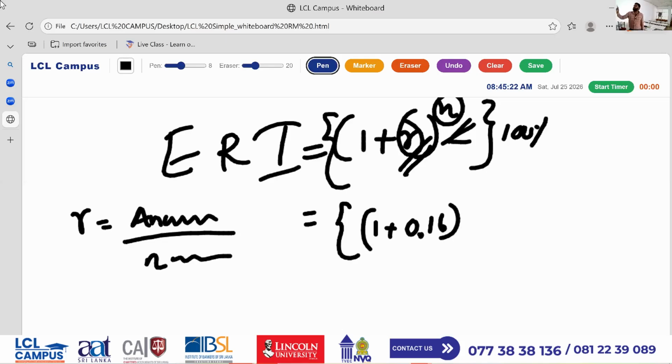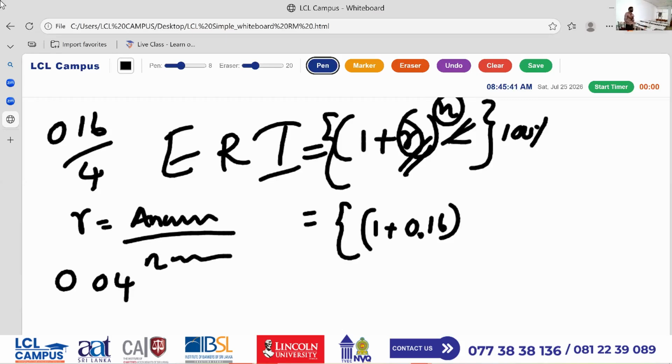So here R is 0.16 divided by 4, 16% divided by 4. It is what? 0.04. Okay? And N, what?